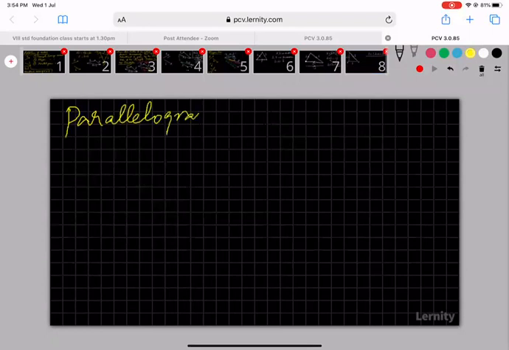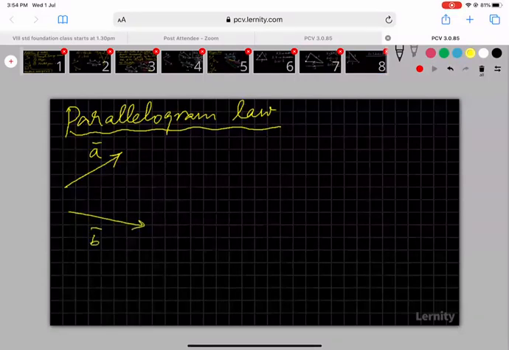Parallelogram law of vector addition. For parallelogram law, again you can add two vectors like this, say A bar and B bar. I have to add these two vectors. How do I do? The statement goes like this. This also can only add two vectors at a time.